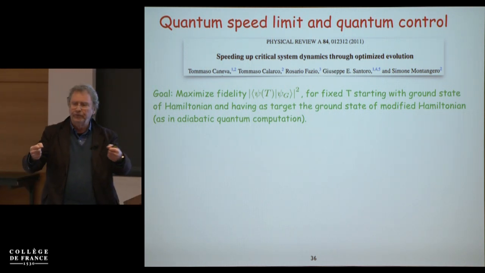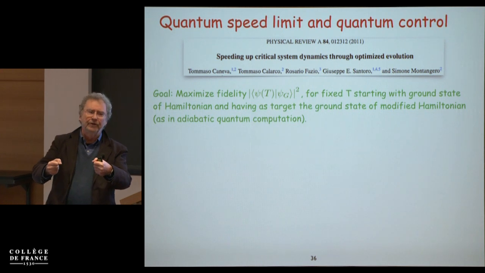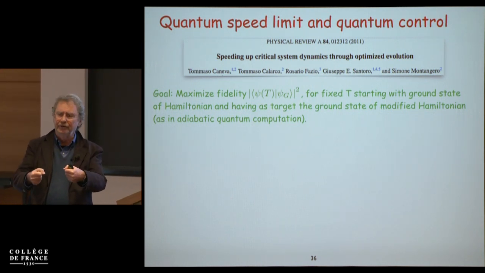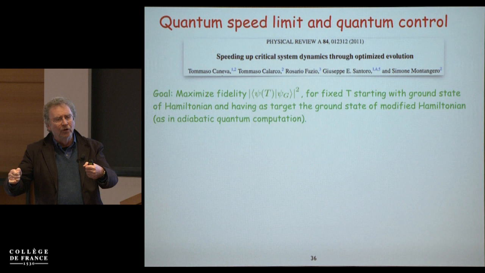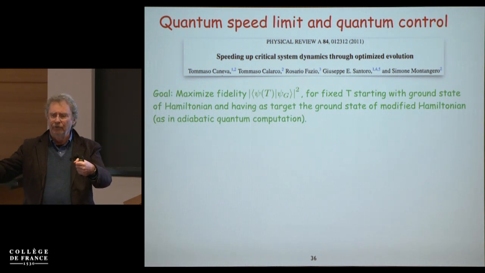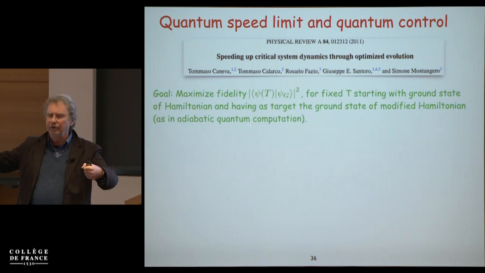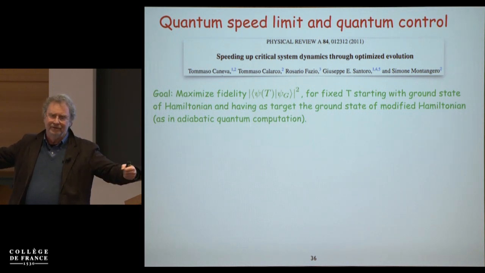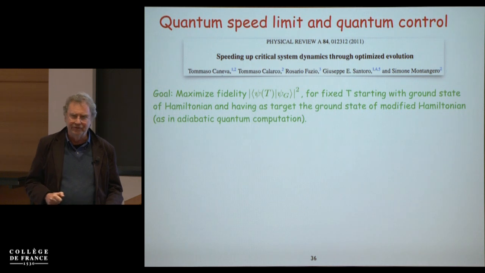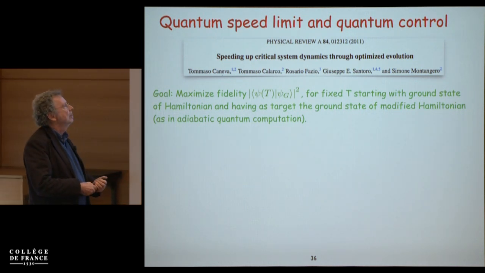So you start with some ground state of a Hamiltonian that should be simple enough so that you can solve it. And then you turn on the interaction slowly. So this ground state should go to the ground state of the complete Hamiltonian, and then you get it just by turning on the knob slowly enough.